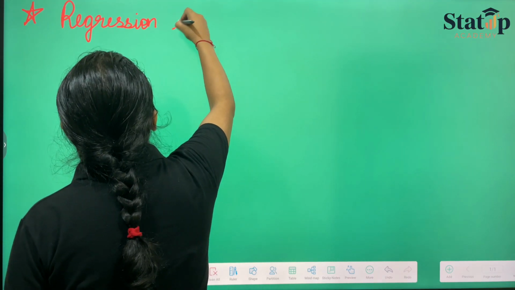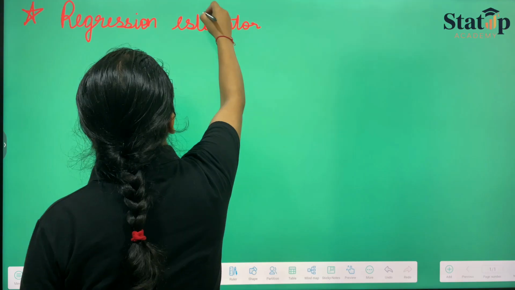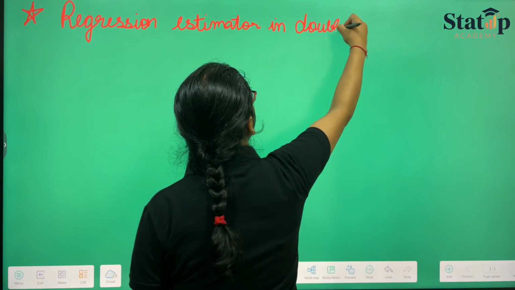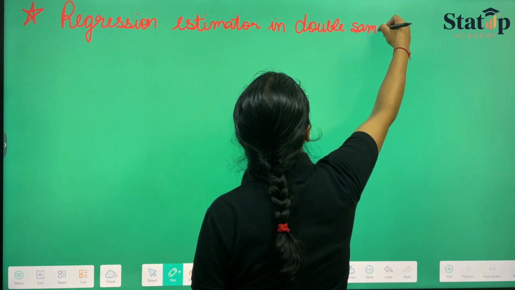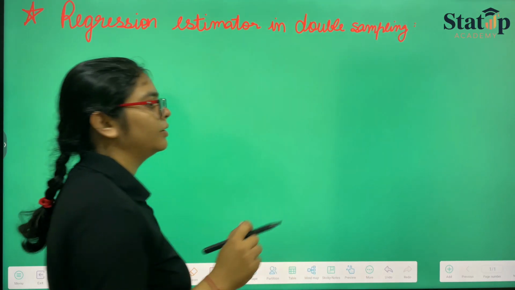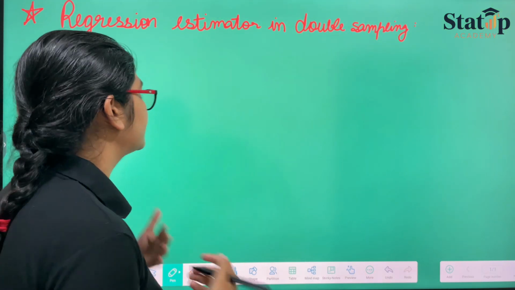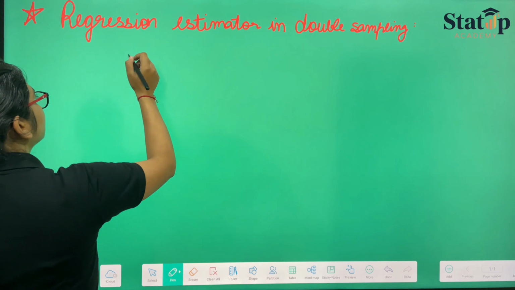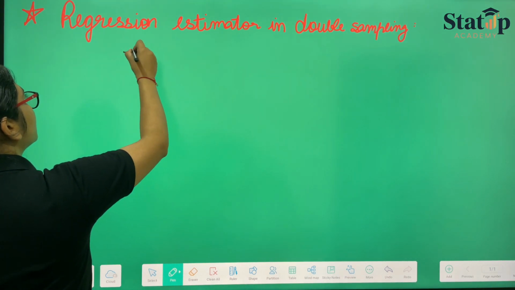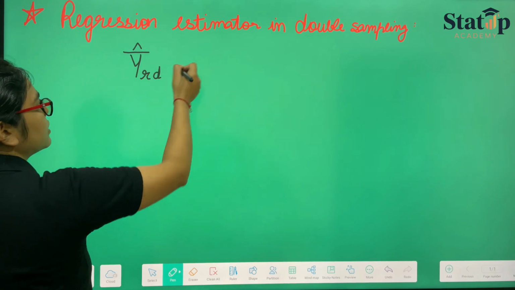So, the regression estimator in double sampling. What do we mean by regression estimator in double sampling? Similar to the regression estimator in single sampling, we denote it by small r and d, which denotes double sampling.